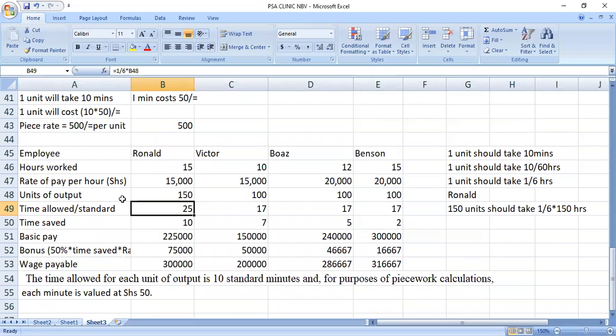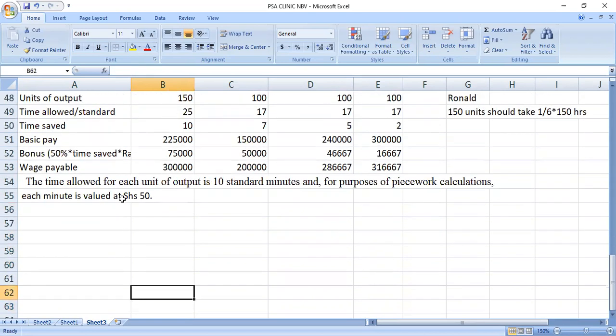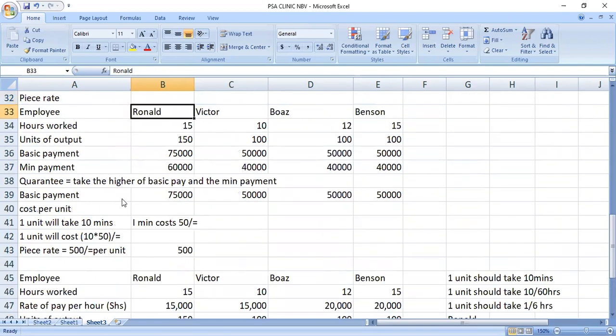But also, if somebody works beyond the minimum payment, let me try to create a scenario from here. Kindly bear with me. I want to adjust this information so that I pull out the issue of guarantee properly.